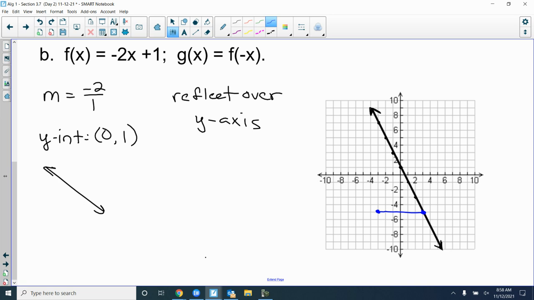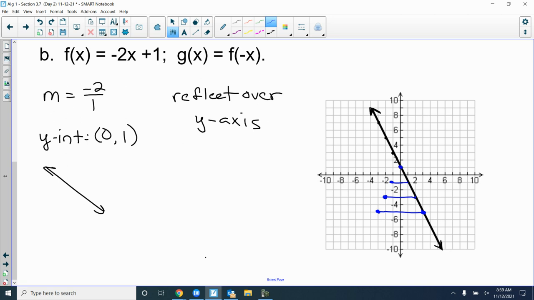This point right here is at 2. I'm going to go straight through here to negative 2 and put a dot. And then this point's at 1. I'm going to go straight through there to negative 1. The point on the y-axis will still be there.